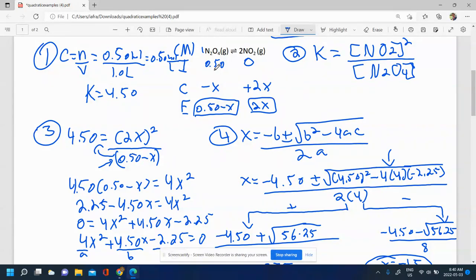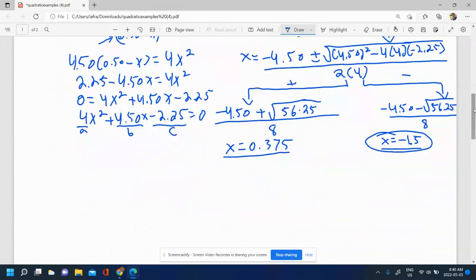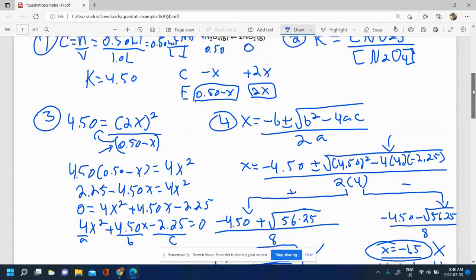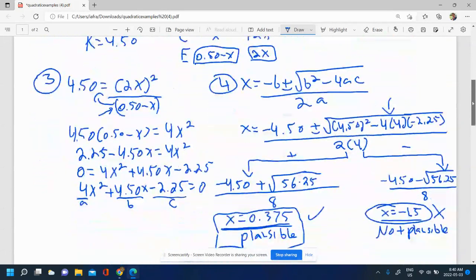So you're higher than you were before, which doesn't make sense because you're using up the reactant. So that doesn't make sense either. But the real giveaway is that essentially you're going to get a negative concentration, which we don't want. So this one here is not plausible. So we don't want this one. And this one here is plausible. So this is the x we're going with to find the concentrations at equilibrium.